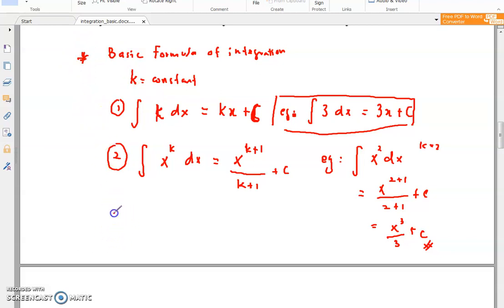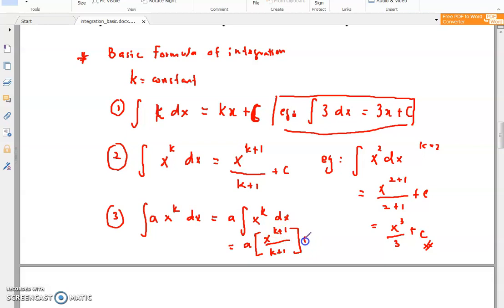And the last part here: what happens if you have a coefficient in front of your x to the power of k? So you have the same x to the power of k dx. What you need to do here is bring a to the front, outside the integral, and then deal with x to the power of k dx, where you are supposed to get a multiplied by x to the power of k plus 1 over k plus 1, plus c.